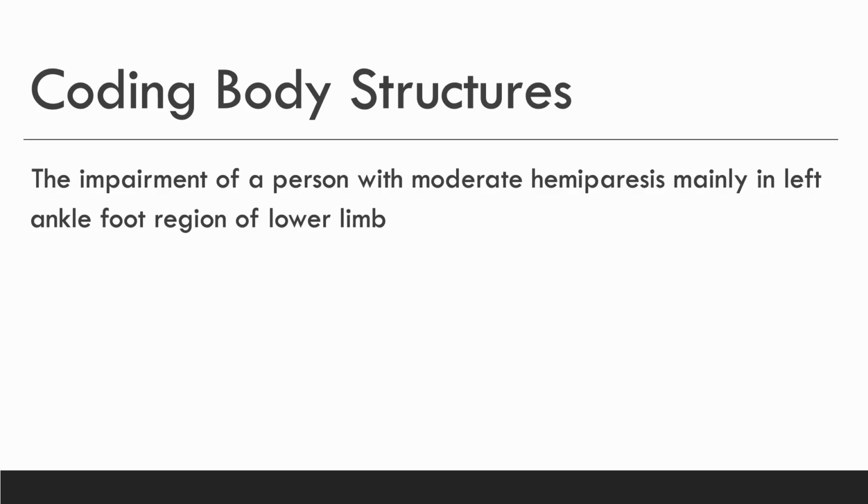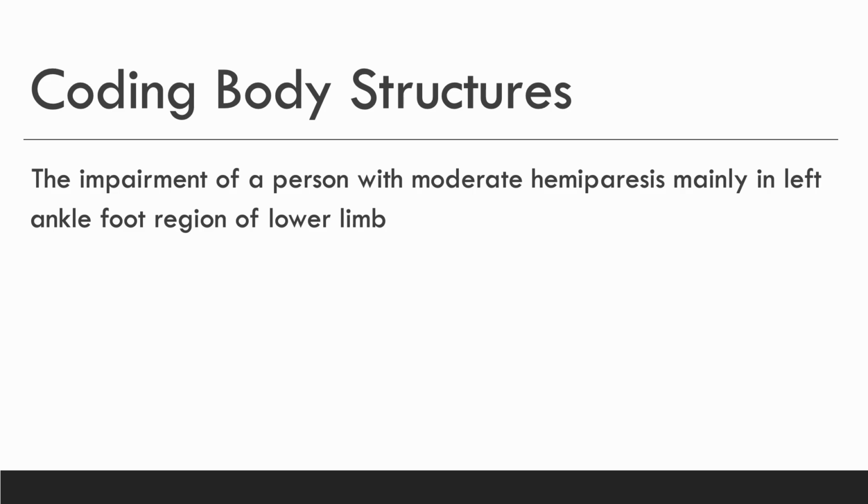So for example, if you want to code body structures, the impairment of a person with moderate hemiparesis, mainly in the left ankle foot region of the lower limb, you're going to want to type in the search ankle and foot, and then S75022.